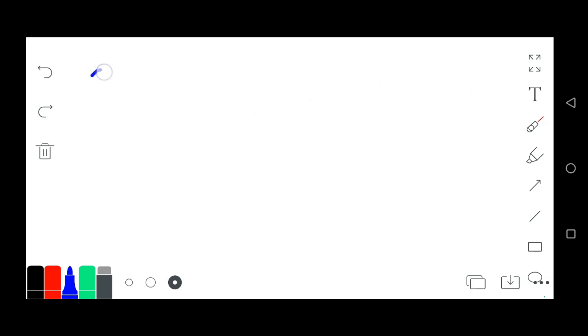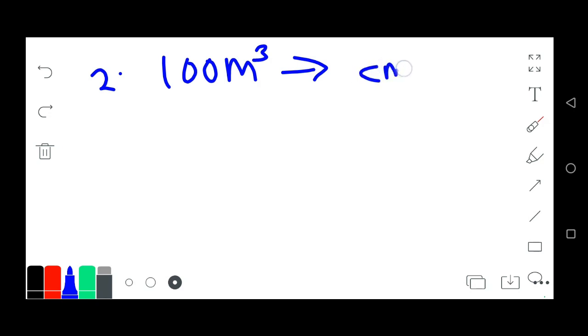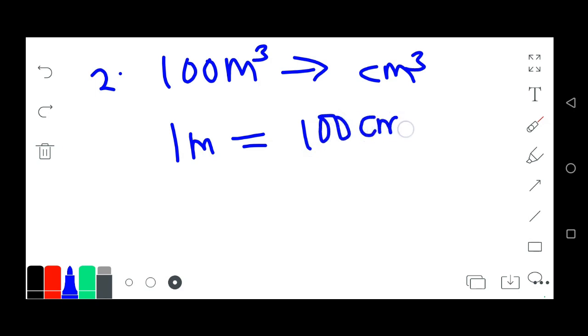Okay, so now number 2 is about 100 meters cubic to centimeter cubic. So remember that 1 meter is equivalent to 100 centimeters.